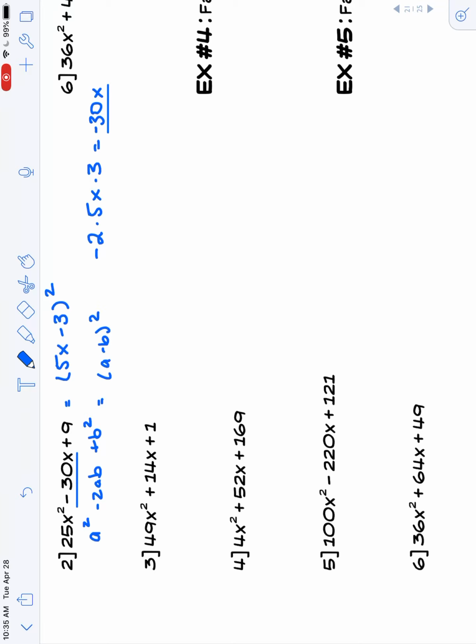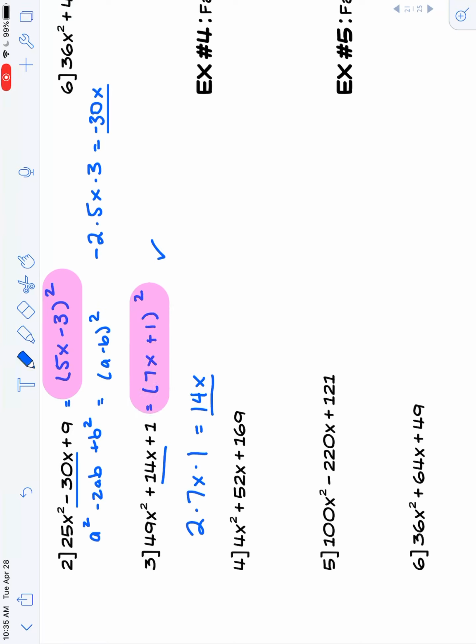Next one. Square root of 49x squared is 7x. Square root of 1 is 1. Does this work? 2 times a times b. This matches up. So that works.